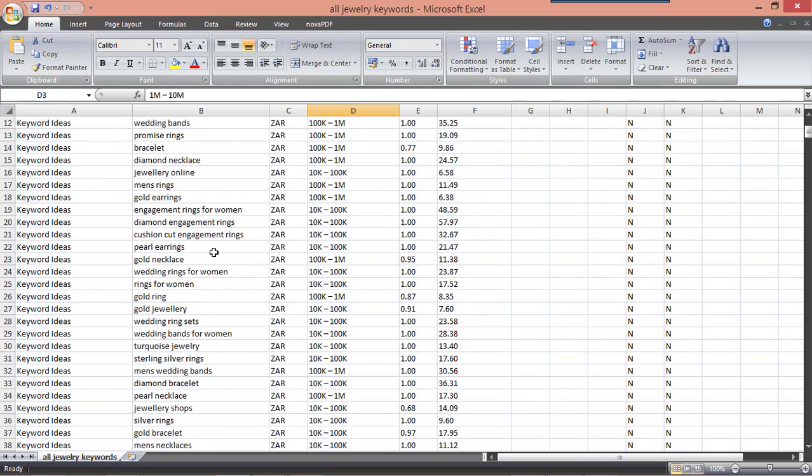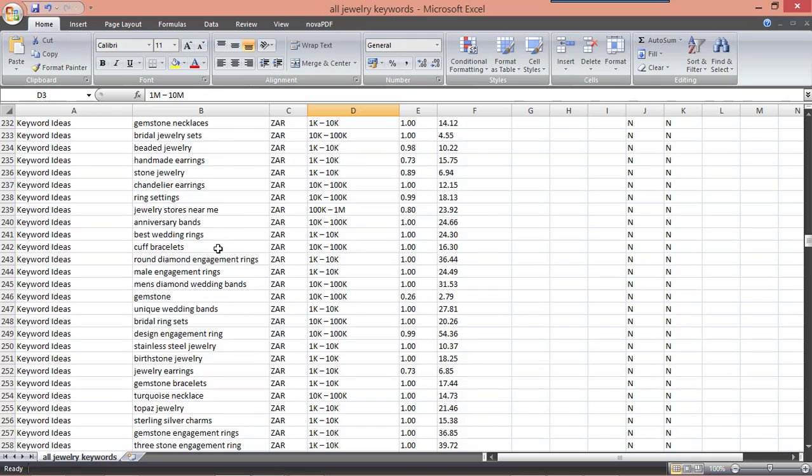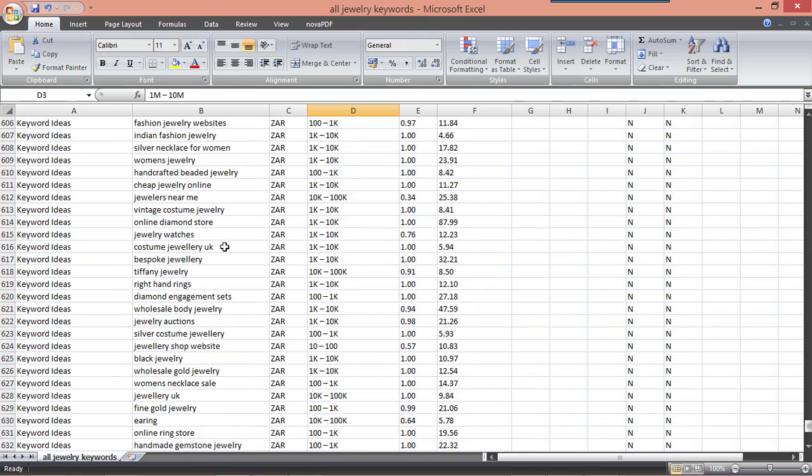So let's go to something further down that's a bit more obscure. Well, we've got to really go far down. But let me just look at this. Jewelry in the UK: 10,000 to 100,000.